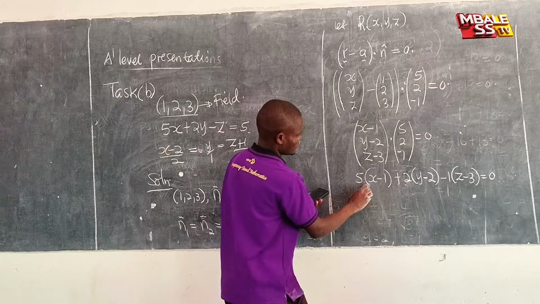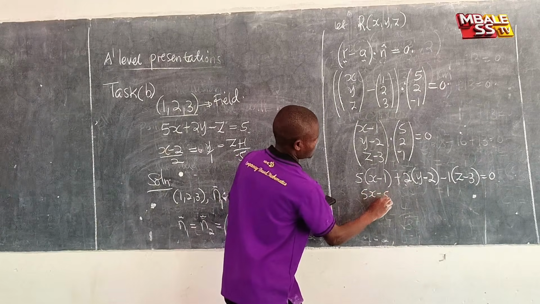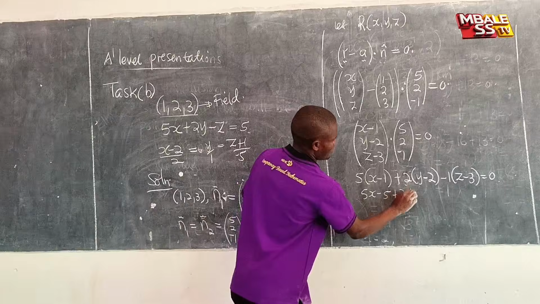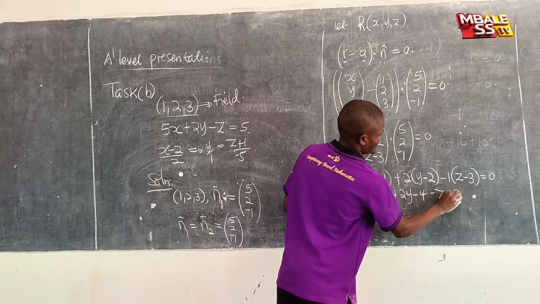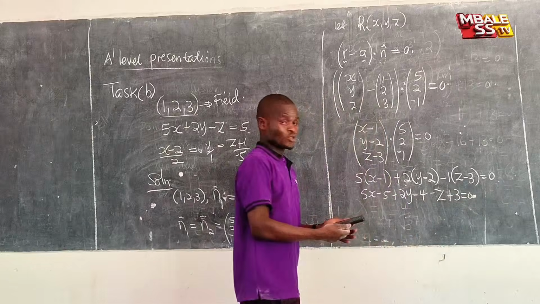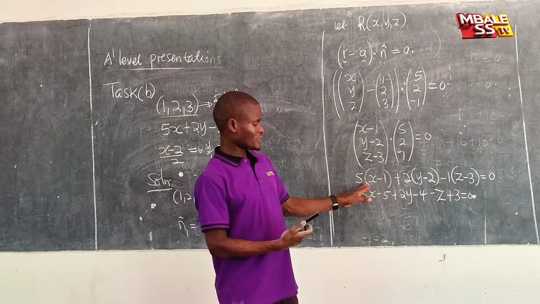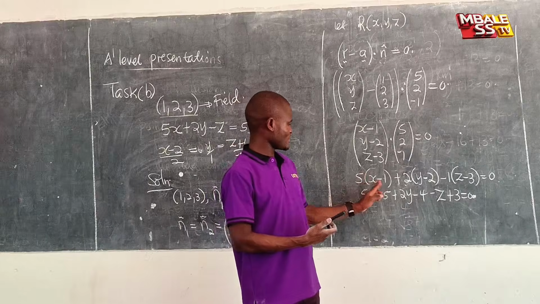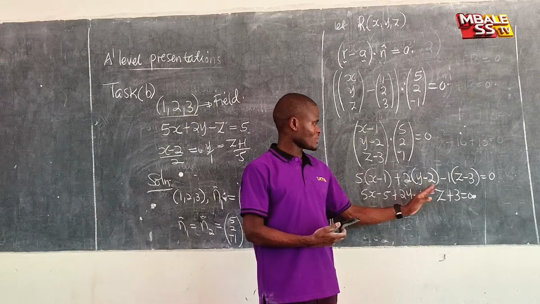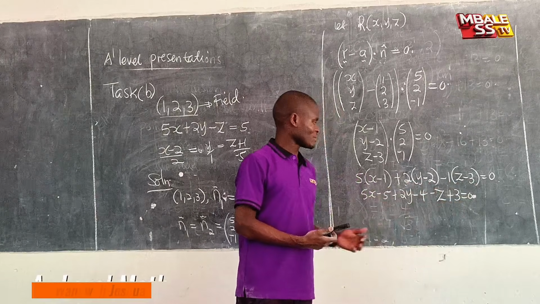If we work this out, this will be 5x minus 5 plus 2y minus 4 minus z plus 3, giving us a 0. The algebra we are doing here, I think, is familiar to all of us. We have 5 multiplying x, this distribution, 2 entering, negative 1 upon entering.